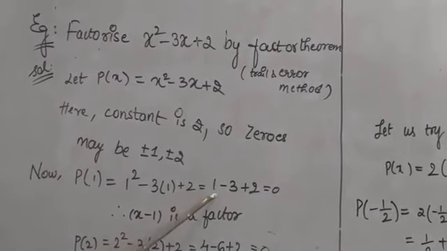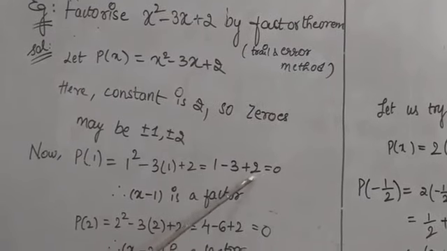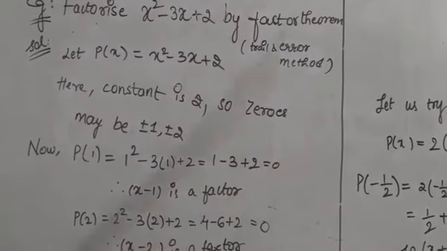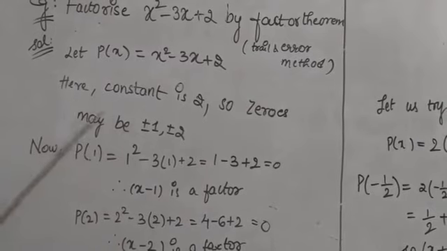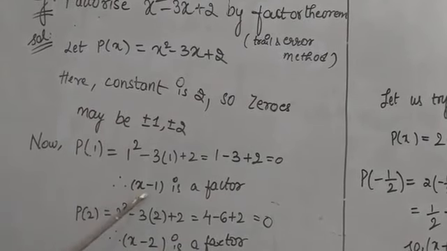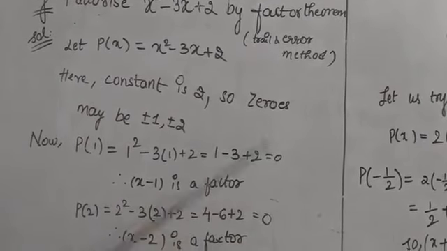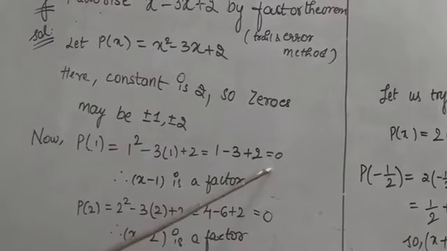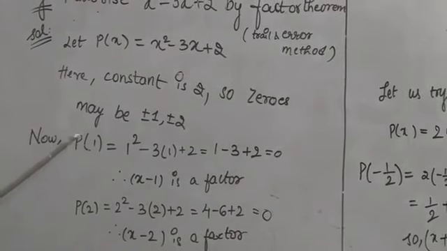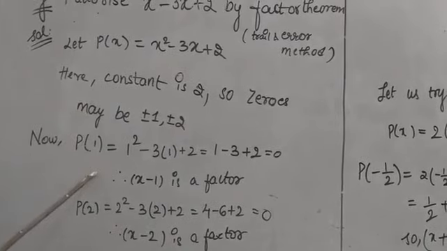That equals 1 minus 3 plus 2, which is nothing but 3 minus 3, that equals 0. So since p of 1 equal to 0, hence x minus 1 is a factor of p of x. If this is not equal to 0, having checked with p of 1, then you need to go with p of minus 1.